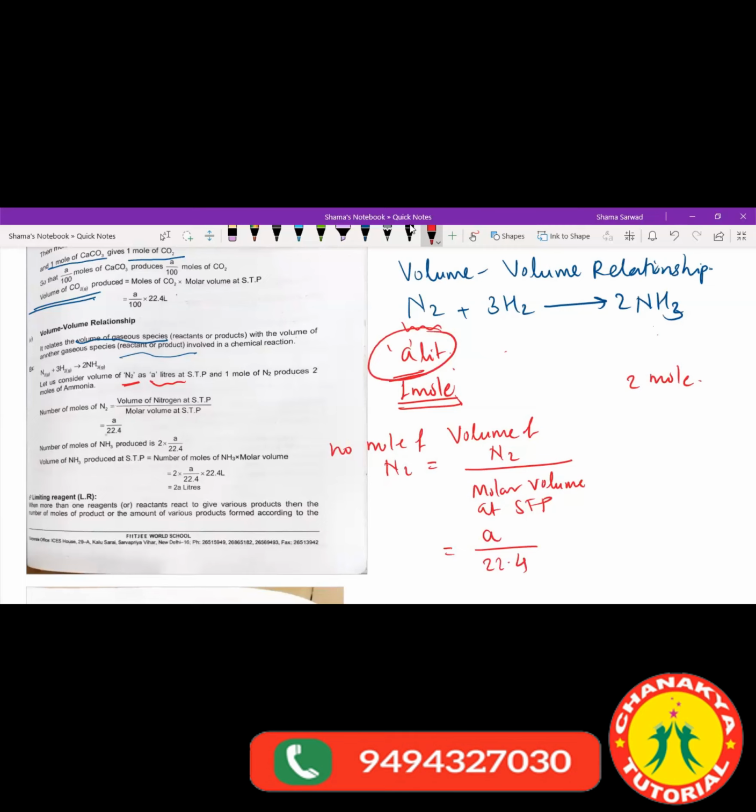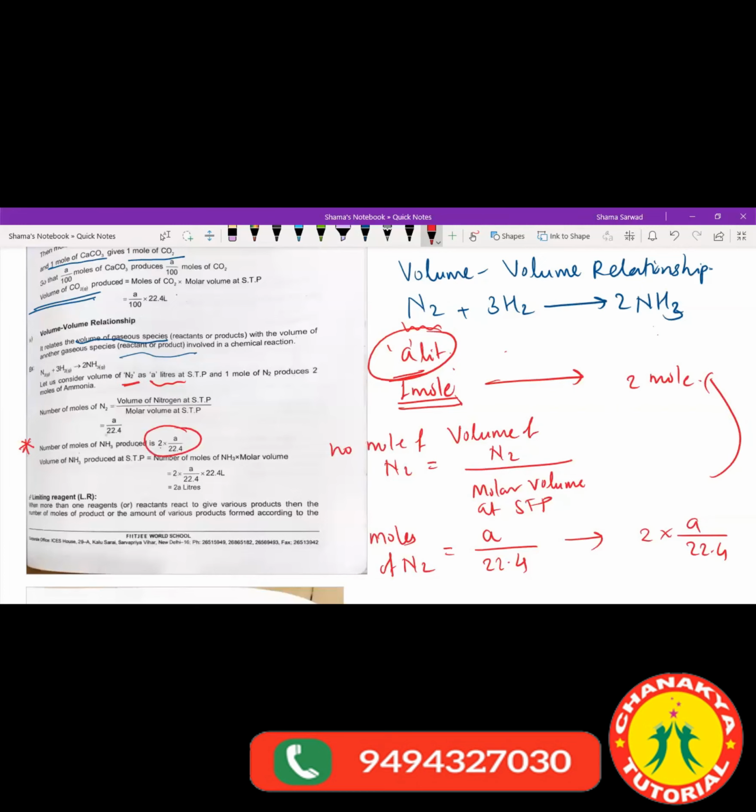So this is the moles of N2. And 1 mole of N2 produces 2 moles of NH3. So it would produce 2 into A upon 22.4 moles of NH3. Clear? Understood? And hence, the number of moles of NH3 produced is 2 into A upon 22.4.